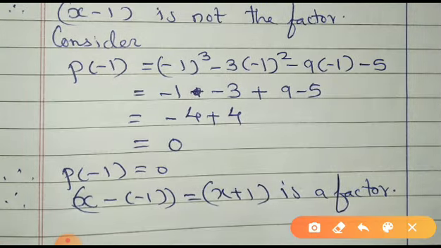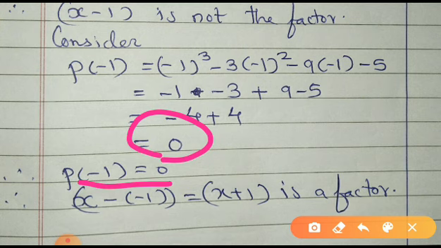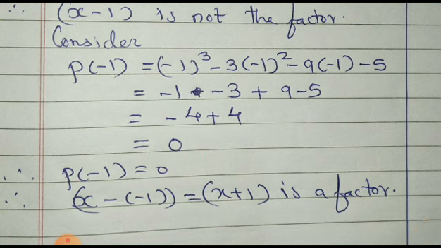So I have got the answer as 0. So P of minus 1 I have got 0. That means which will be the factor? Just change the sign. So x plus 1 is a factor. Okay. Now x plus 1 is a factor.